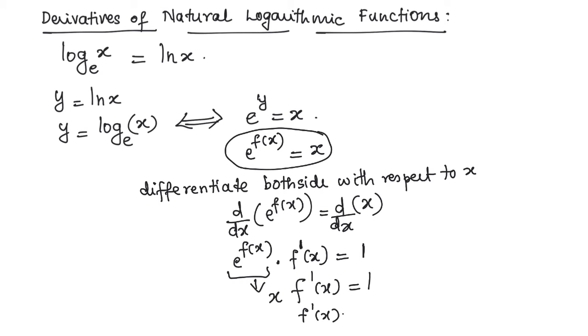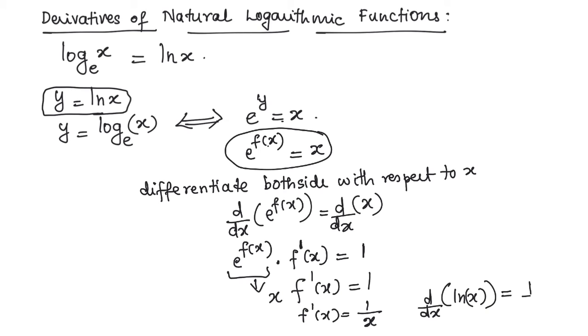So f prime of x is 1 over x if we divide both sides by x. So f of x is actually y. Y is ln of x. So you can say that the derivative of ln of x is 1 over x.